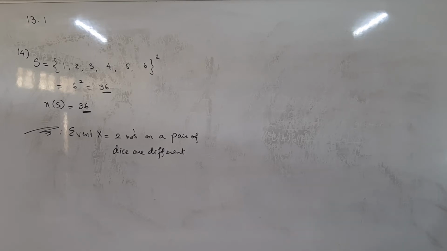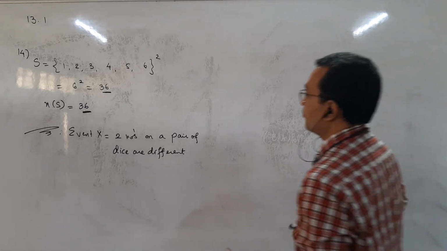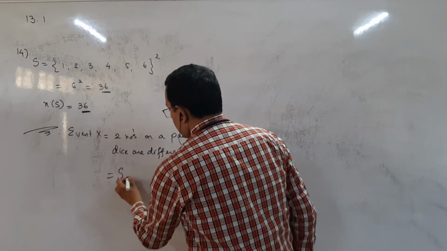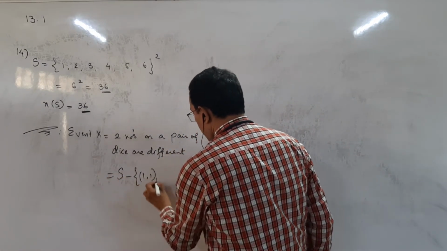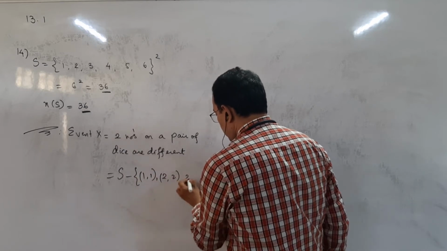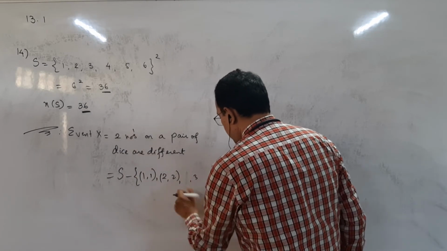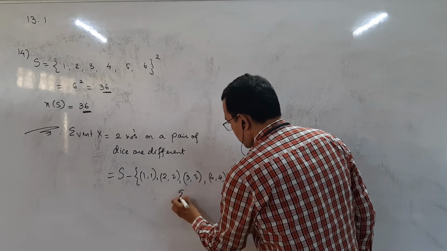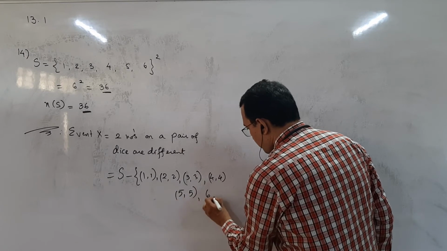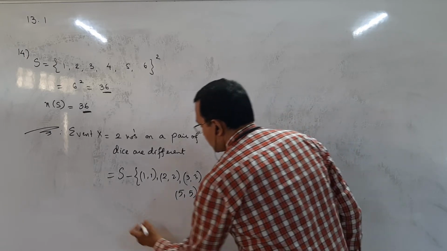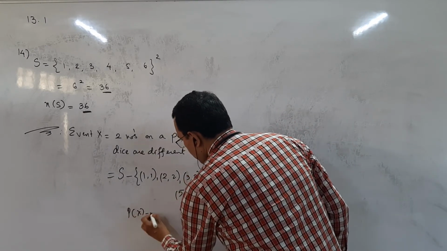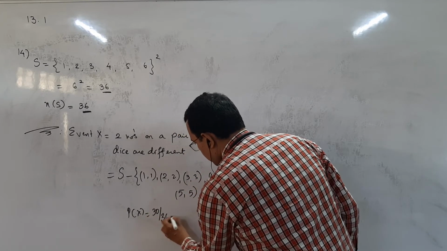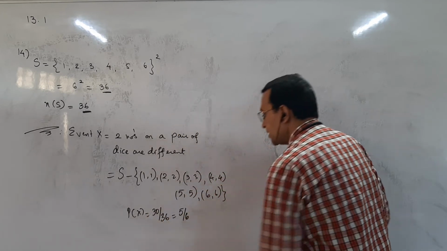Not having a doublet means excluding 1,1, 2,2, 3,3, 4,4, 5,5 and 6,6. So S minus these six doublets. So the probability of x will be 30 by 36, and that is 5 by 6.